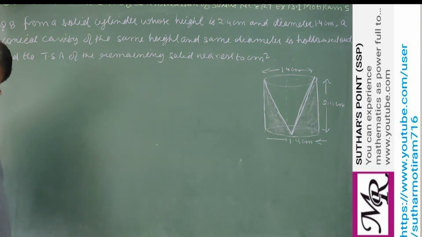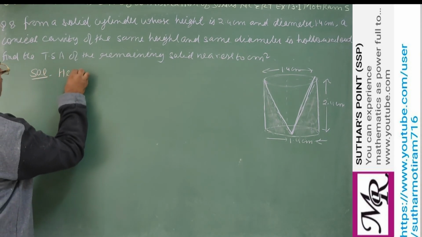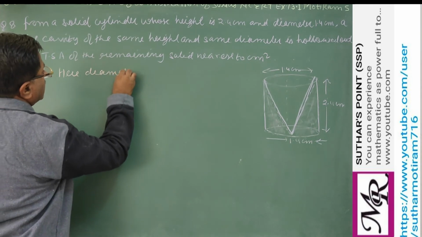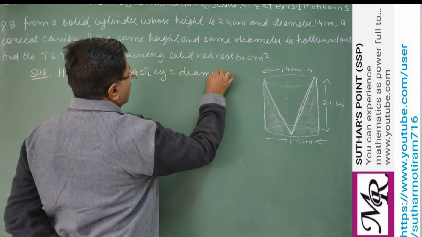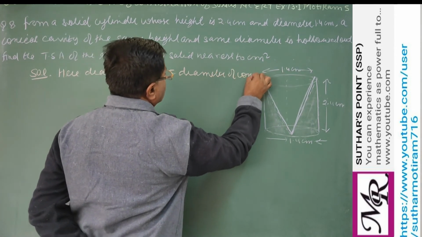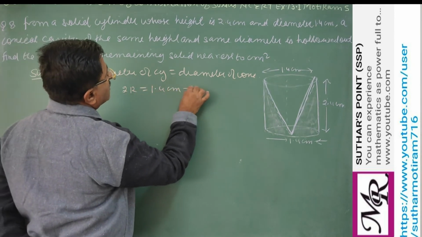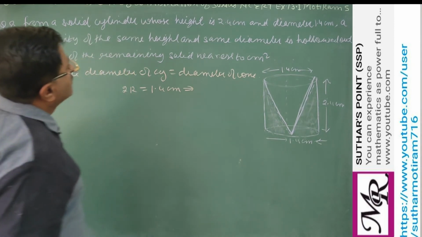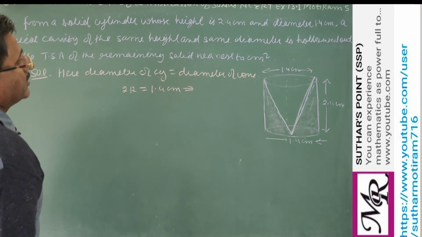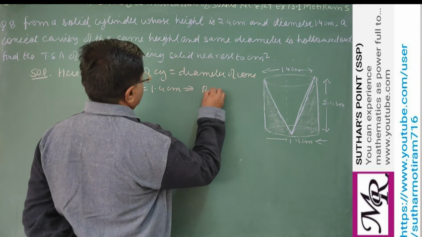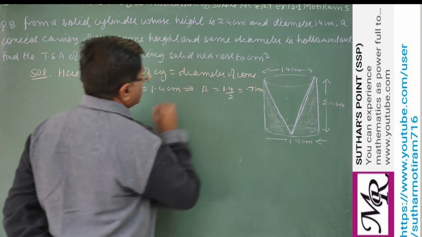In the solution we write: diameter of cylinder equal to diameter of cone, and diameter means 2r, which is given as 1.4 centimeter. Clear. So r is equal to 1.4 by 2, or you can say 0.7 centimeter.